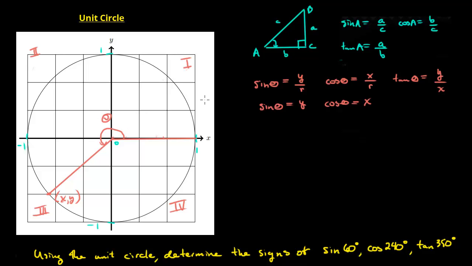Based on how we've defined the sine ratio here, in the third quadrant the y value is negative. So the y value divided by the radius would be negative, because the radius is a distance and it's always positive. So the sine of theta is negative in the third quadrant.